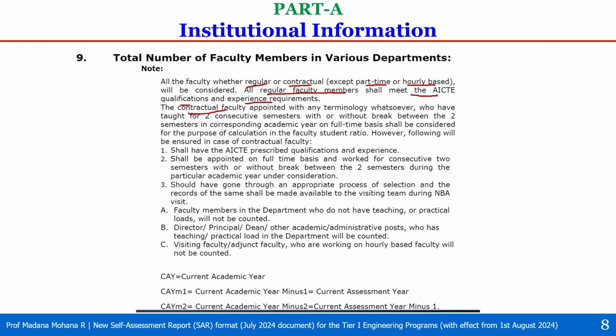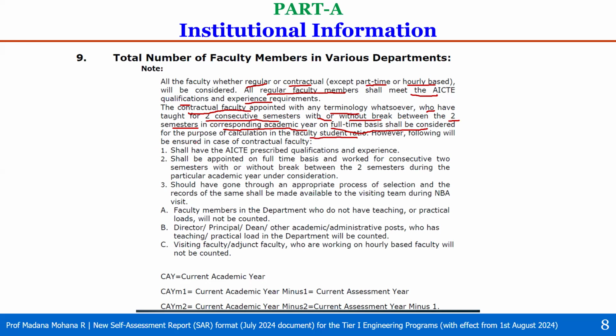Whereas the contractual faculty appointed with any terminology whatsoever, who have taught for 2 consecutive semesters with or without break between 2 semesters in the corresponding academic year on a full-time basis, shall be considered for the purpose of calculation of the faculty-student ratio.